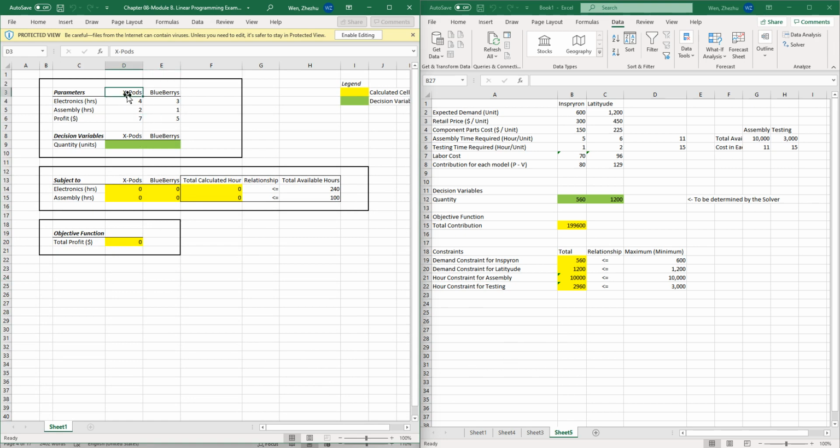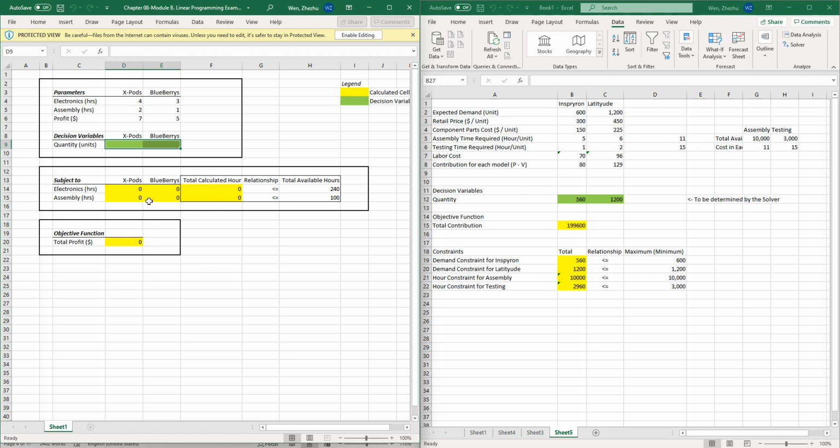In fact, you just need a very little tweak to almost get it working for the purpose of this particular problem, right? Instead of XPods, you can supply Inspiron. Instead of blueberries, you can supply Latitude. So you can change up some of the things here, and make your green color cells your decision variables. Make sure you do that. That's actually easier for you to recognize in the later phase of the calculation.